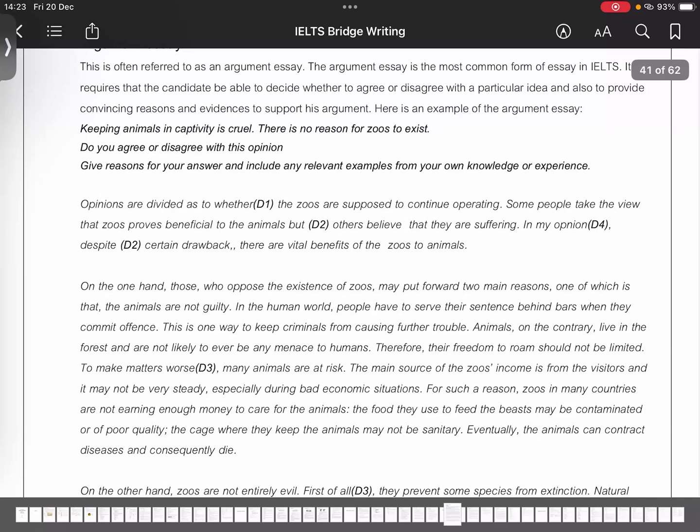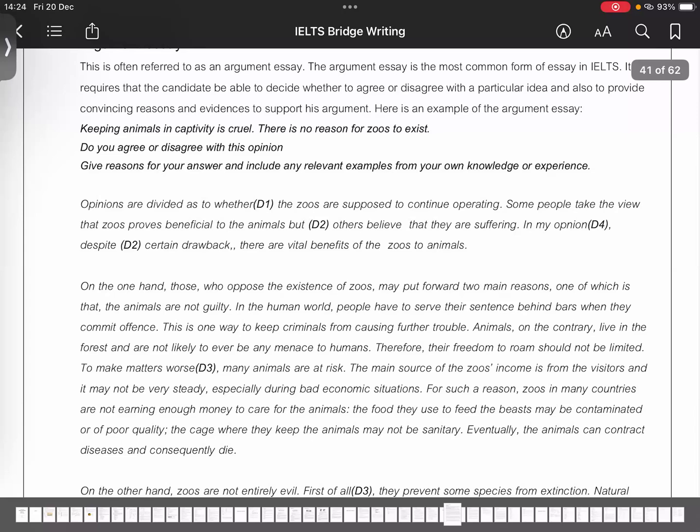So somebody feels that keeping animals in captivity is bad, is cruel, and for that reason, he doesn't want the zoos to exist anymore. Okay, so if you want to agree with him, then that means you have to accept the fact that zoos should no longer exist, right?